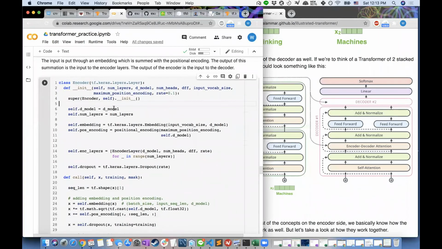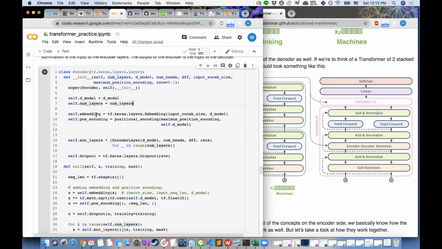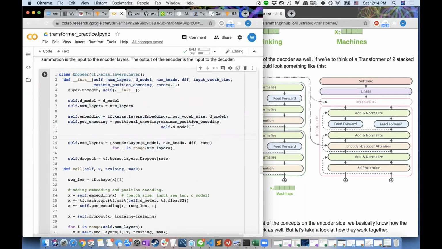We have self.d_model, number of layers, right? We got 6, right? So self.embedding. Okay, so now we have the inputs, right? And input embedding right here, input vocabulary size, and d_model.